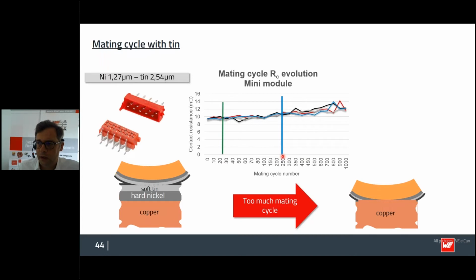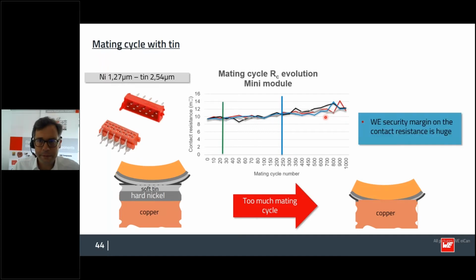Afterwards, you can see it multiplied by 10 times, that the contact resistance is in a range around the 10 milliohms that got specified in our data sheet. And even beyond that, you get a further increase of the contact resistance.